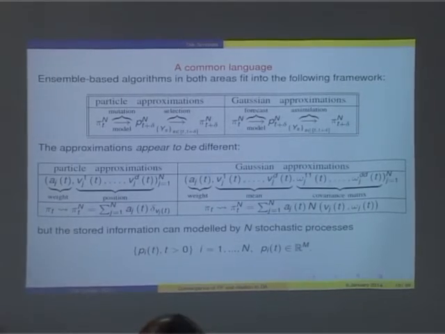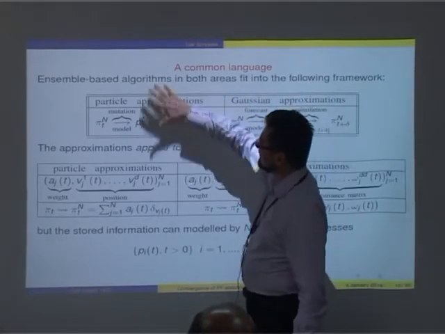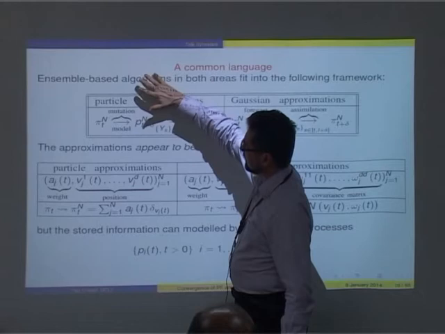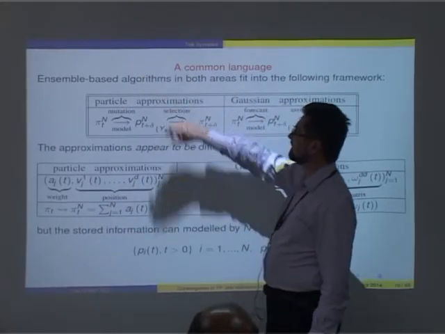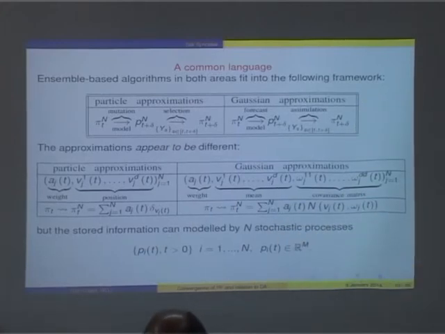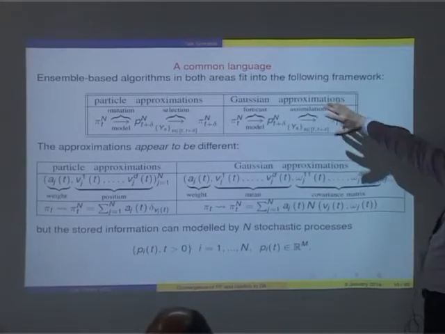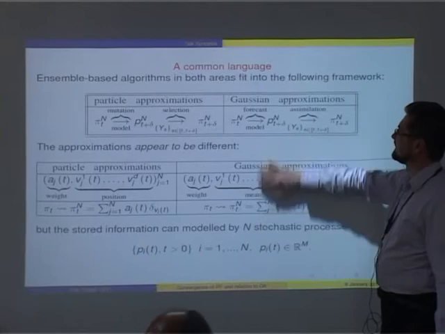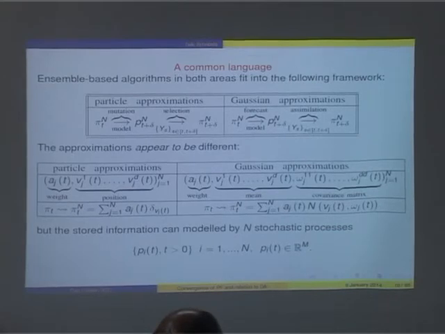On the left-hand side, I have a general description of a particle approximation, what a particle approximation involves, and on the right-hand side, I have a general description of an ensemble-based algorithm, one that is quite popular in data assimilation.